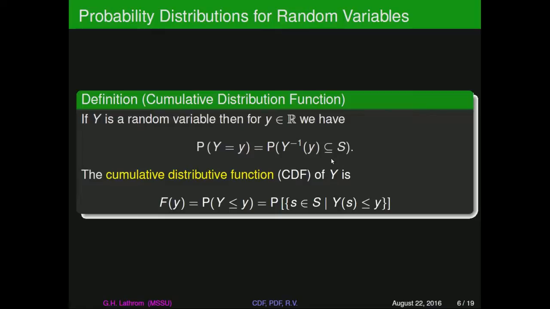As long as this is defined in our algebra of sets, then this probability makes sense. For a discrete random variable, this is always going to be defined.